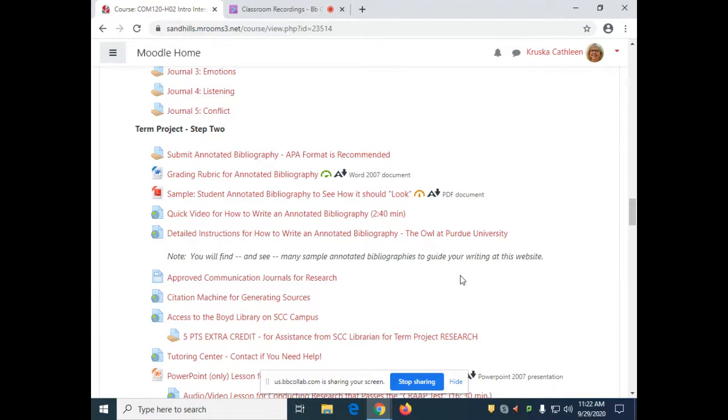Japan's customs and traditions and mores and taboos, and communication practices are not necessarily the same as Cambodia or China or Taiwan or Vietnam or India or any place, okay? So you've got to be careful in your research.